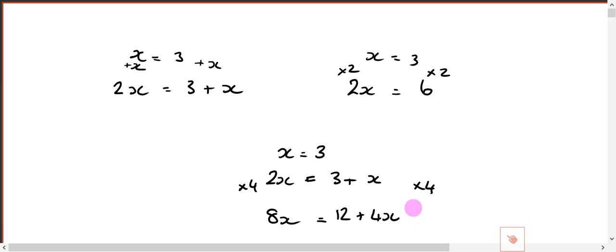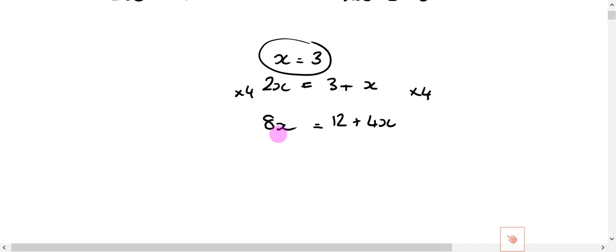Do you remember doing that sort of stuff? Have I changed it? Is x still equal to 3? So let's just check. If I do 8 times 3, I get 24. And if I do 12 plus 4 times 3, I get 24. So I'm good, right? Nothing's changing. You with me, understand? Yeah?